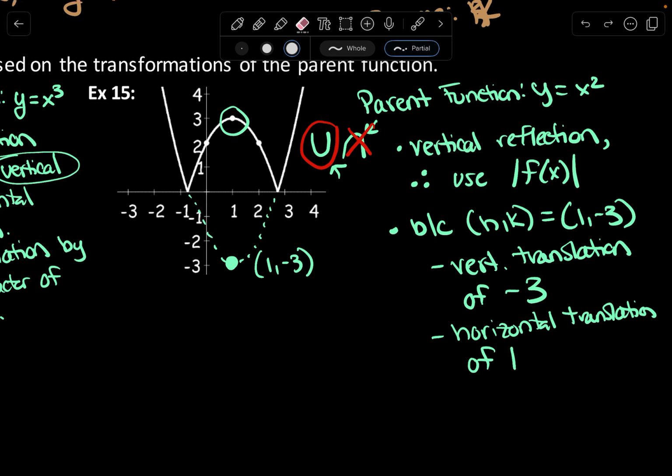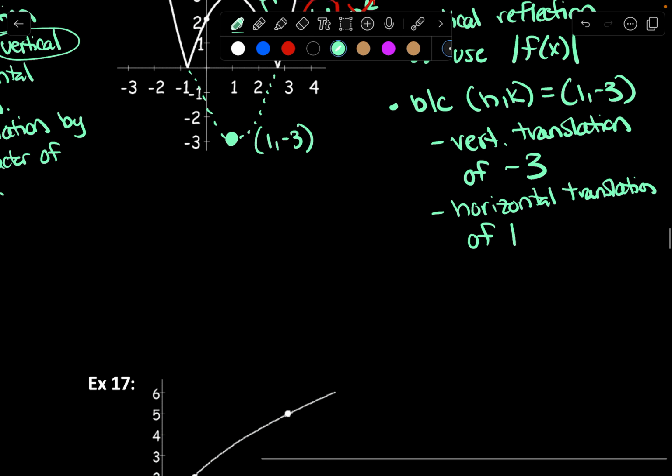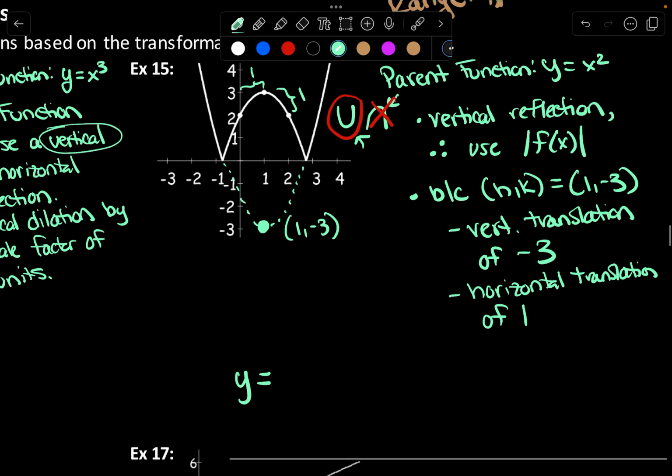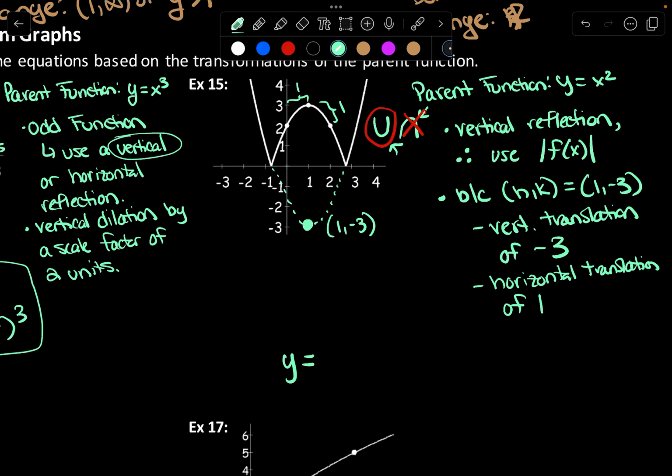Now, based on the key points I see here, they are still separated by 1 unit, 1 unit vertically and 1 unit horizontally. So there are no vertical or horizontal dilations. So if we were to write this out, we have y is equal to, all of the values are going to be positive.